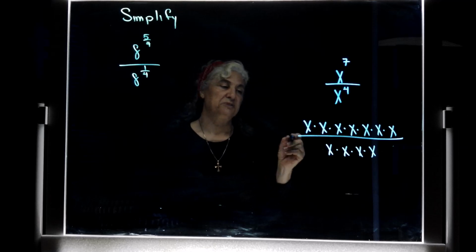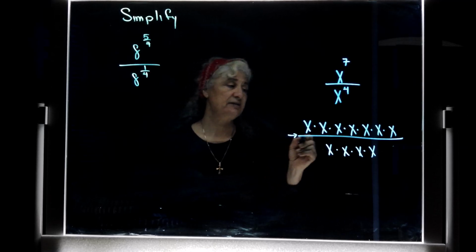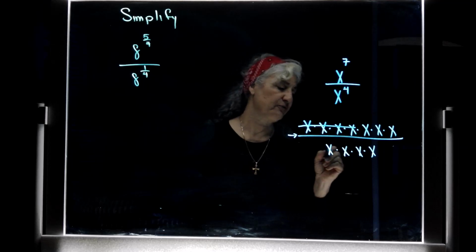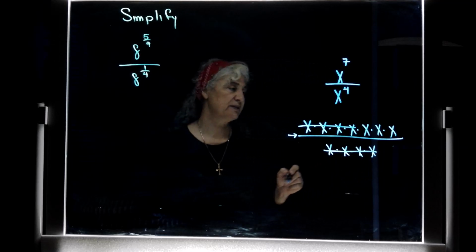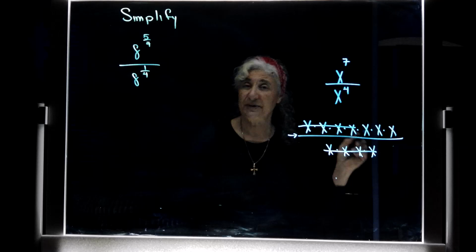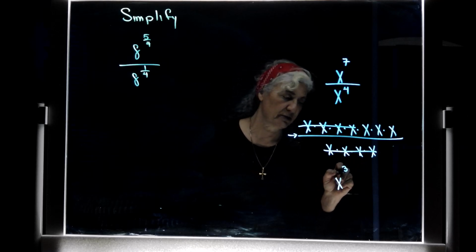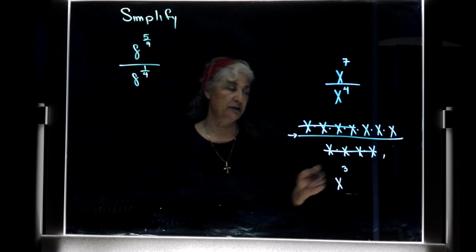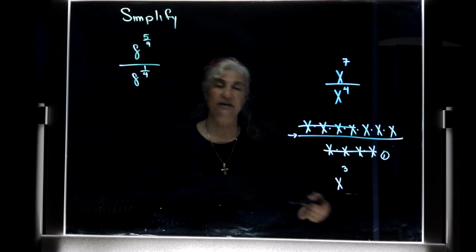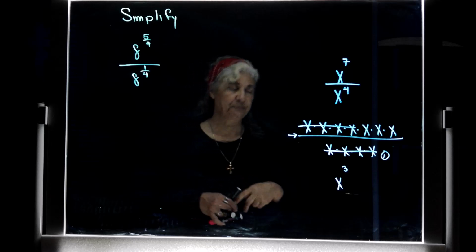So this meaning division means I can cancel if possible. So I'm going to cancel 4 x's from the numerator and 4 x's from the denominator, which leaves me how many x's? 3 of them. Where? In the numerator. And in the denominator is technically a 1, right? And I don't have to write that, but agreed?